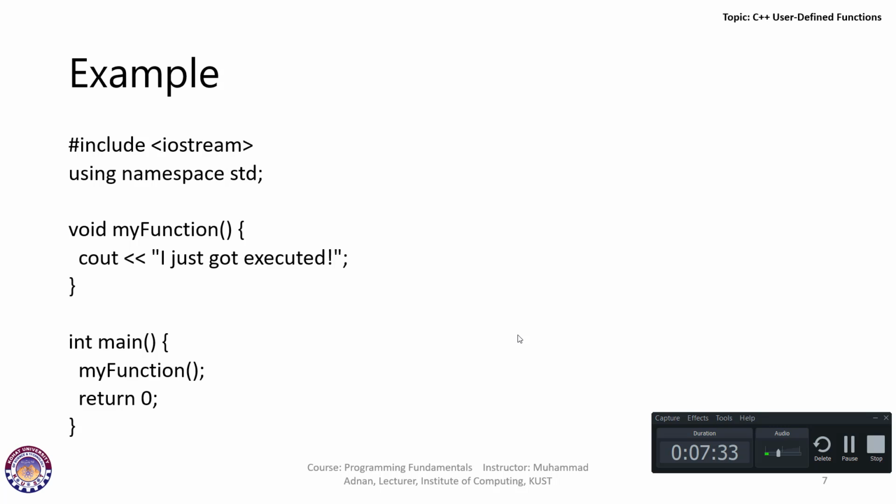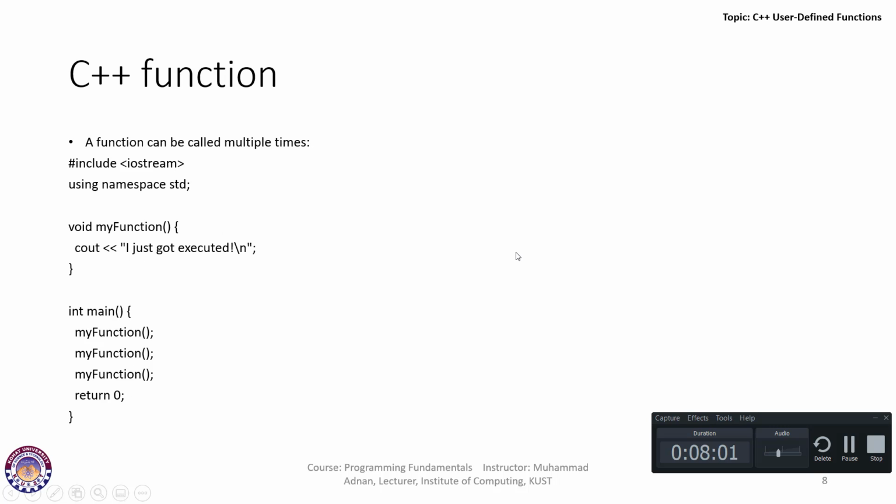A function is called by simply writing the name of the function and then a semicolon. The control goes here, the function gets executed, and after the function execution, your control goes back to the statement after where you have called my function, your user defined function. So here return 0 will be executed and then the program ends.